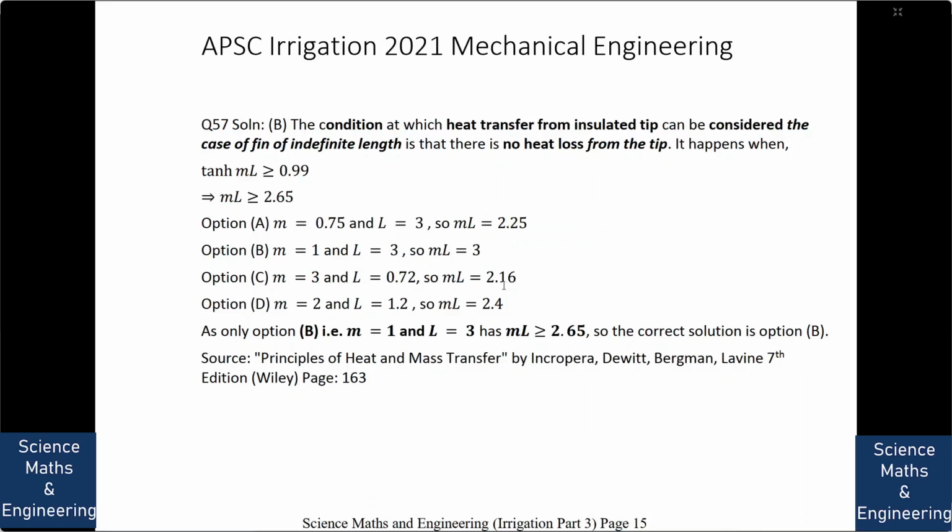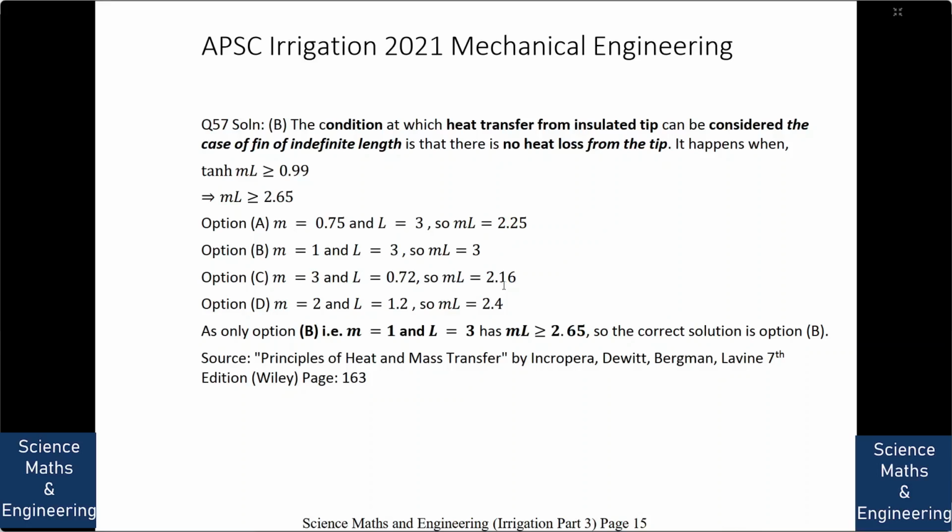Now of options A, B, C and D, if we calculate mL, for option A it is 2.25, for option B it is 3, for option C it is 2.16, and for option D it is 2.4. Only option B has an mL equal to 3, that is greater than 2.65. So the correct answer is option B. In case you have any more doubt, you can follow the source and calculate it.